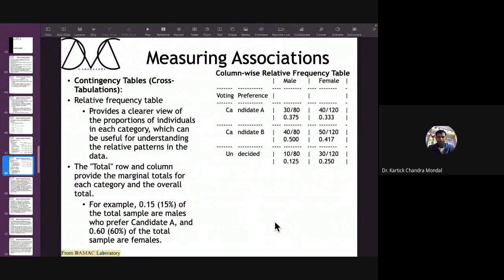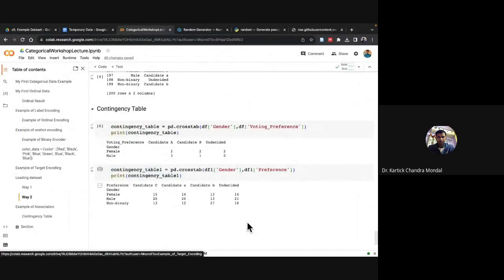So how can you find out the row-wise or column-wise contingency table? Let's go with these two examples.